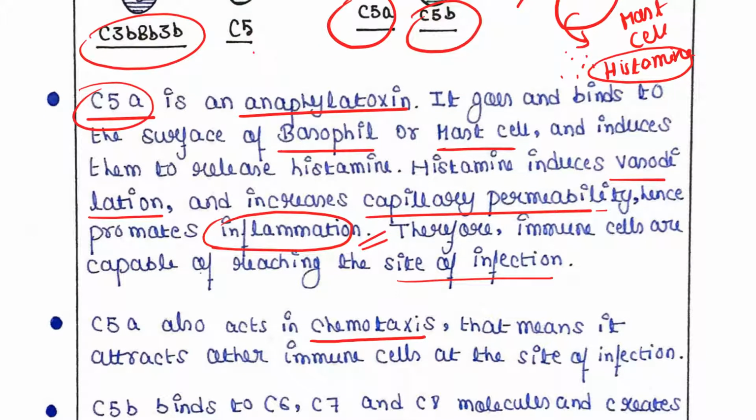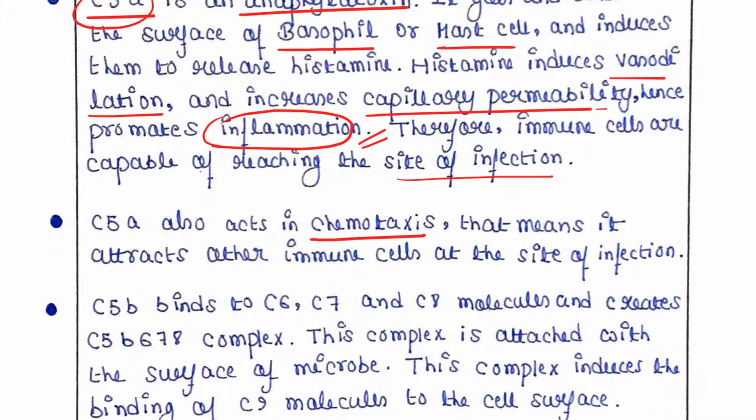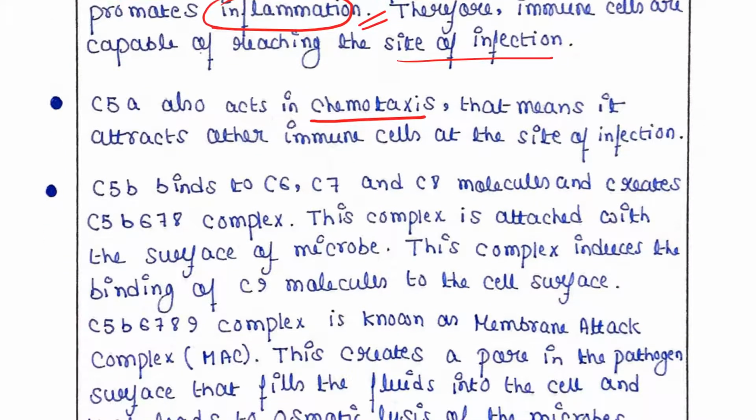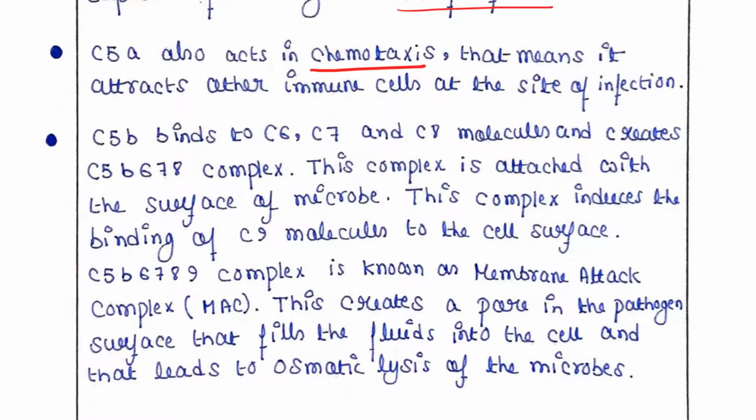Now what about C5b? That is also formed from C5. From the cleavage of C5, C5a and C5b are formed. Then what does C5b do?